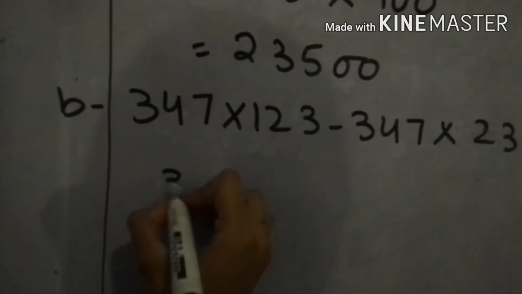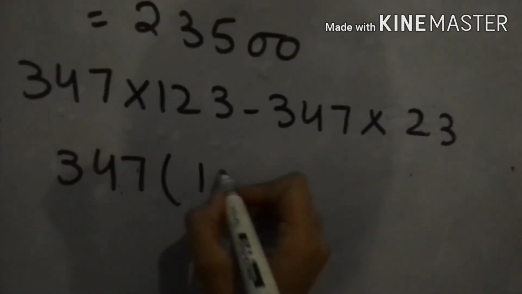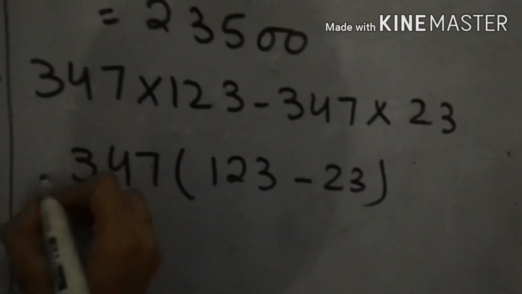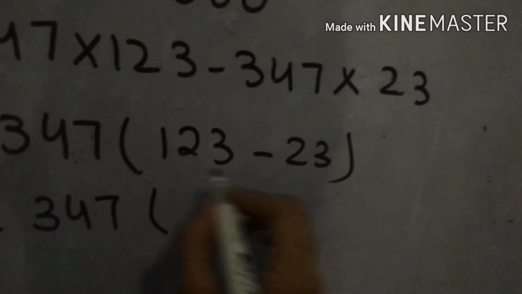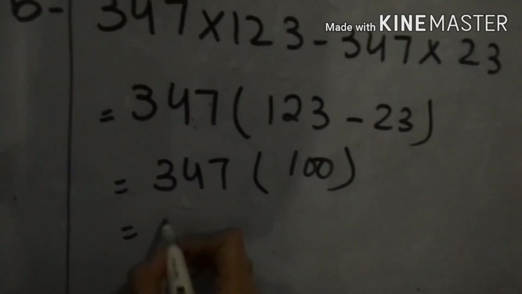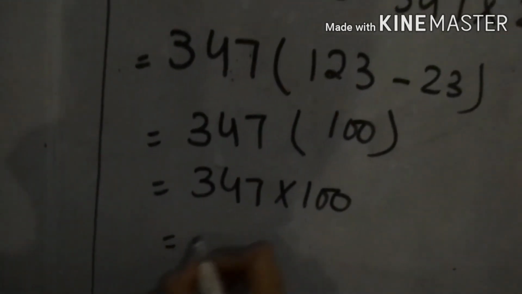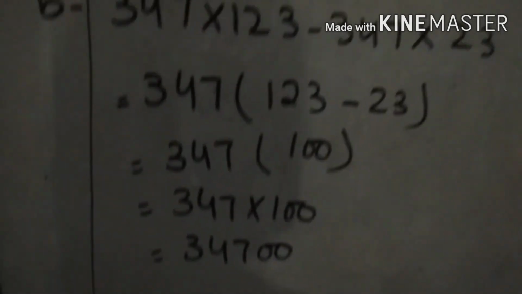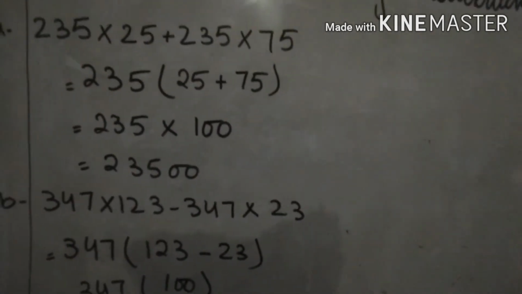We will take 347 as common and now we will write the left elements that are 123 minus 23. 347 as it is. 123 minus 23 is equal to 100 and 347 multiplied by 100 is equal to 34700. All the parts of this question will be solved in the same manner.